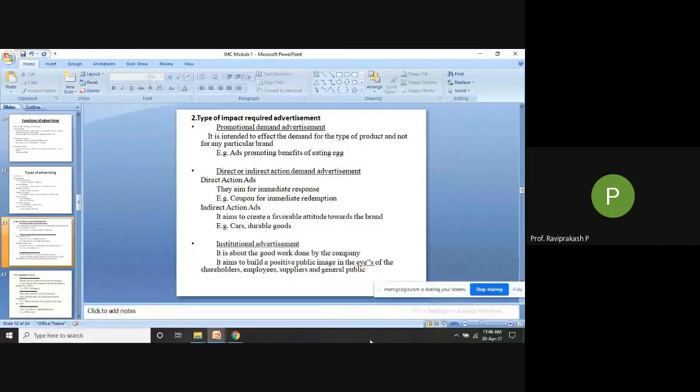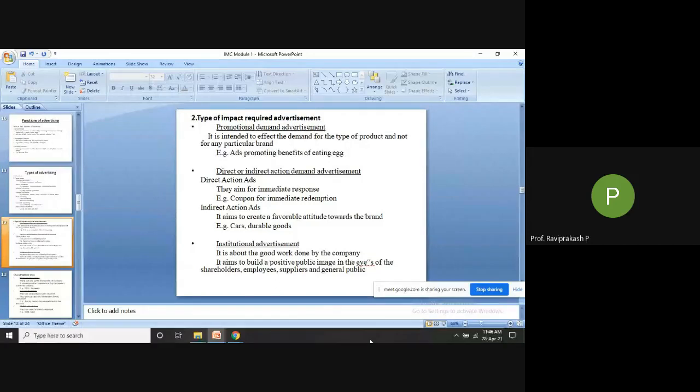So these are immediate actions where you provide a particular coupon and ask your customer to buy now, to avail that discount, whether it is 5%, 100 rupees, 150 rupees, whatever.